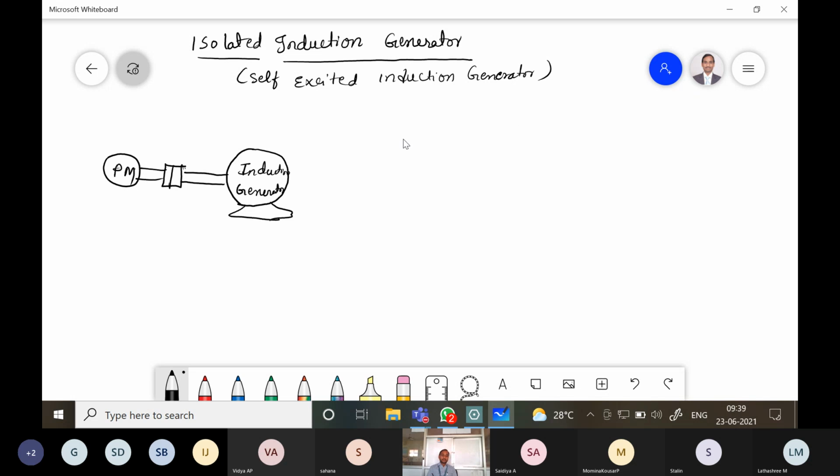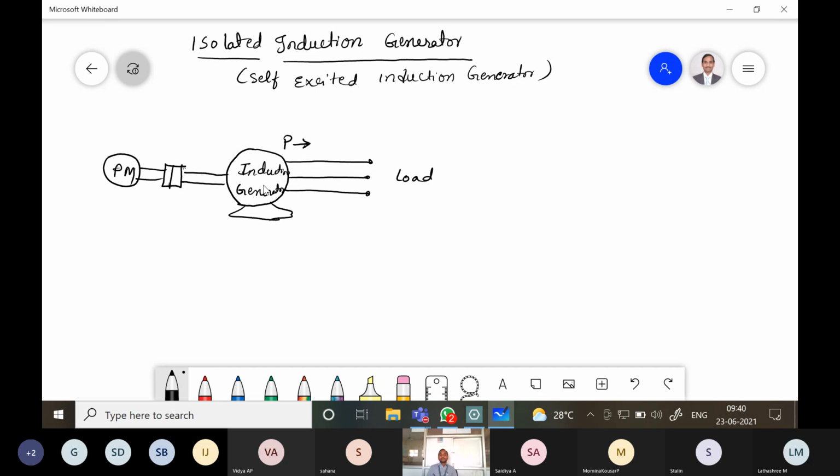Then the output of the induction generator is connected to the grid or load, right? So the output power that is generated is P.